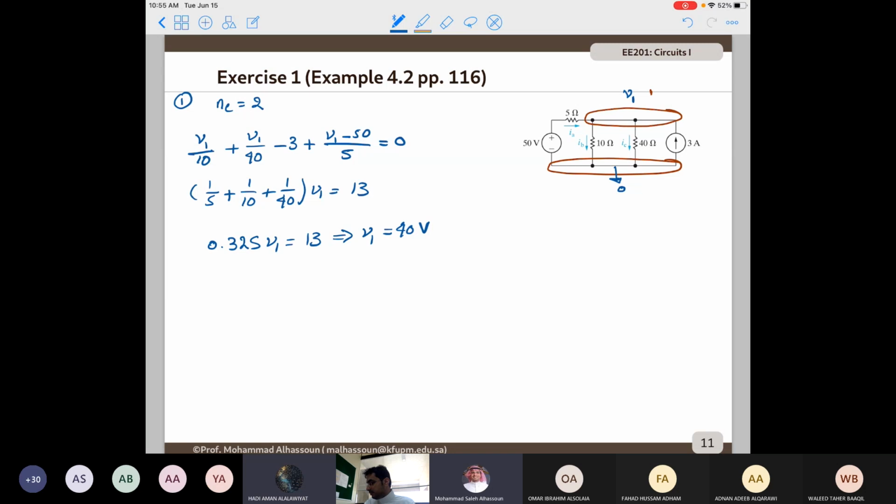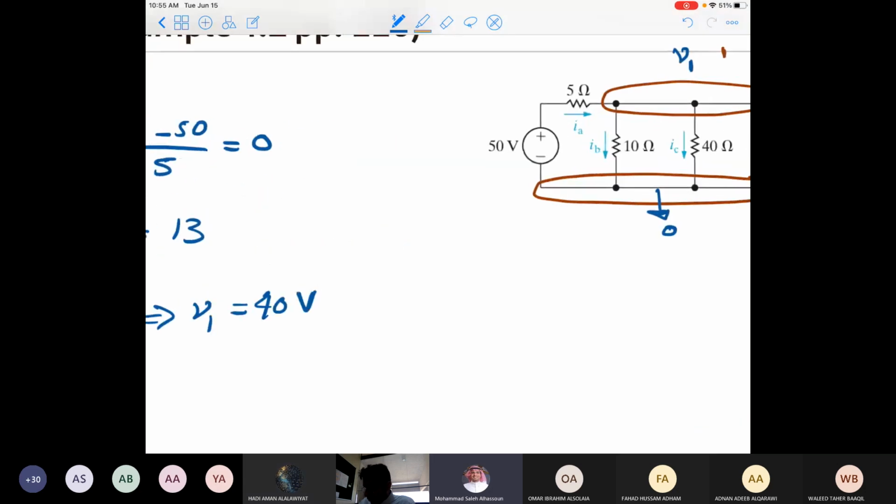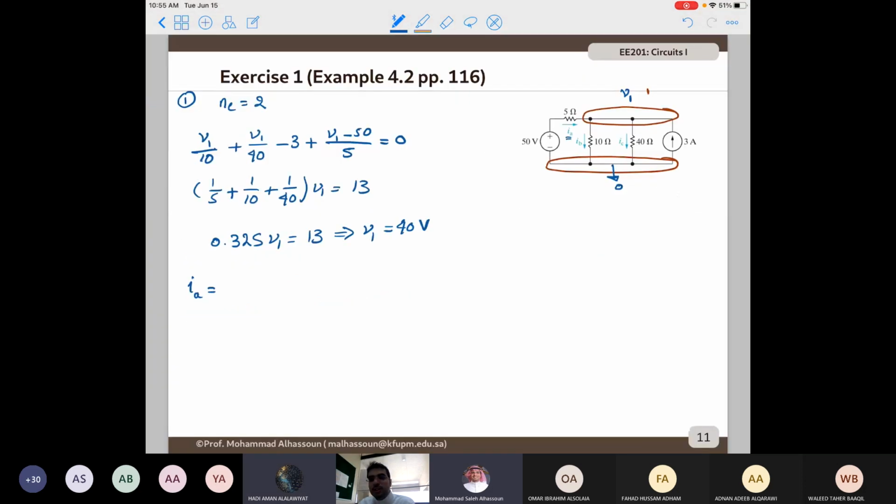We just have the voltage, so IA is going to be equal to V1 over the resistor. So this is IA. I don't agree with you. This is by using Ohm's law.